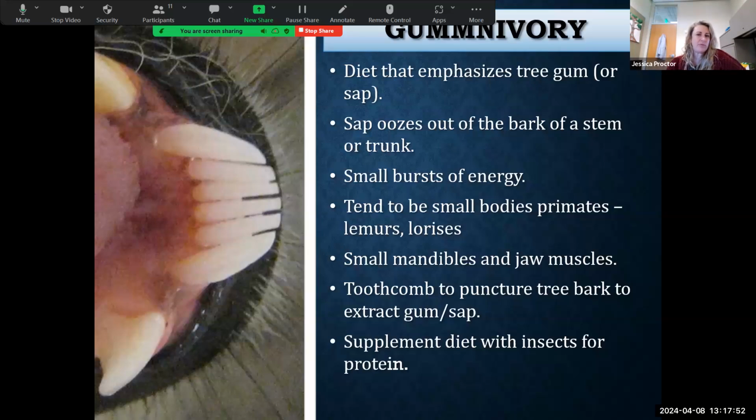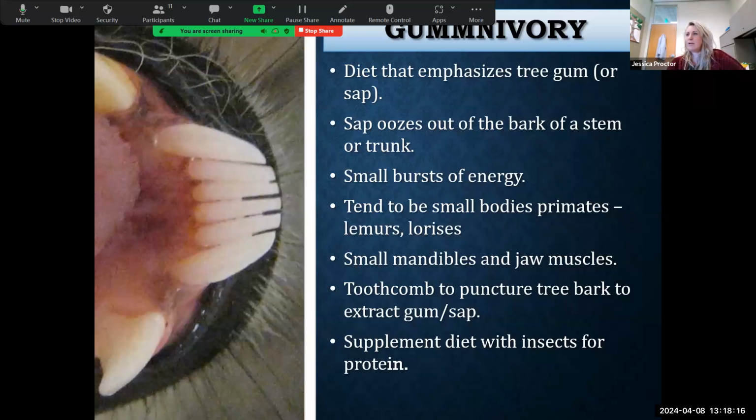But just like insectivores, gumnivores tend to be small-bodied primates like lemurs and lorises. They tend to have small mandibles and jaw muscles. They have that dental feature called the tooth comb that allows them to puncture the tree bark to extract the tree gum slash sap. And they tend to supplement their diet with insects for additional protein, an additional calorie source.